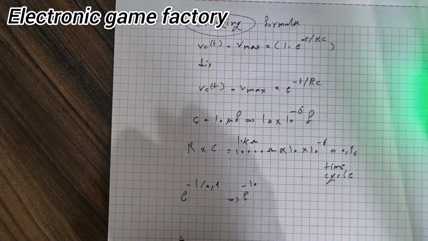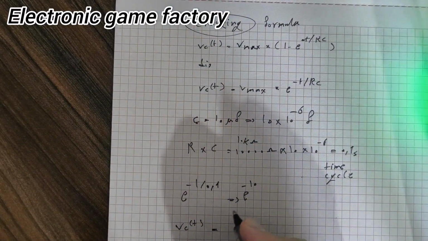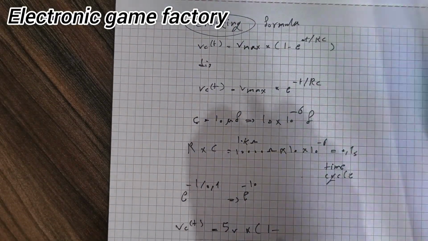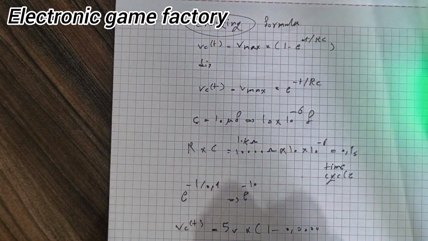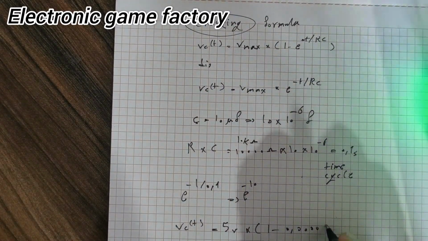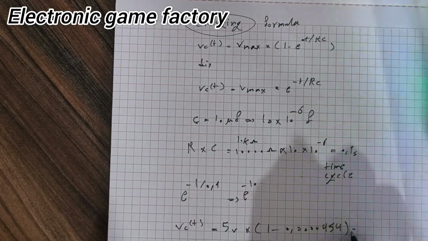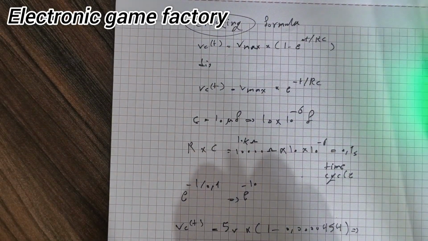So in this way, VC(t) can be 5 volts times 1 minus 0.0000454, which is equal to VC(t).